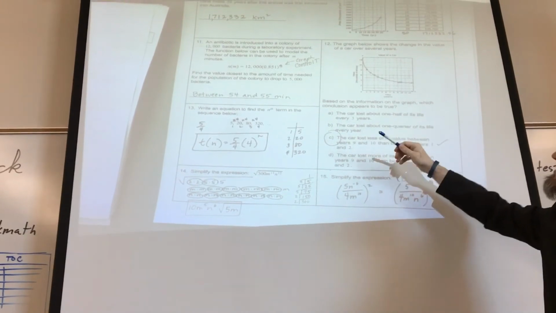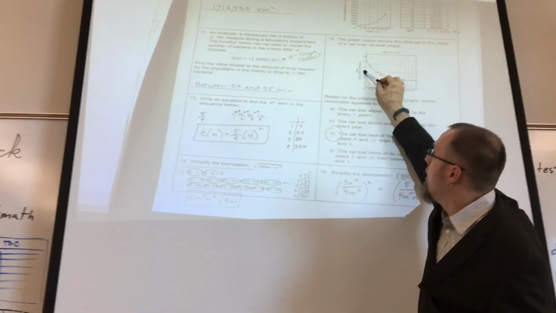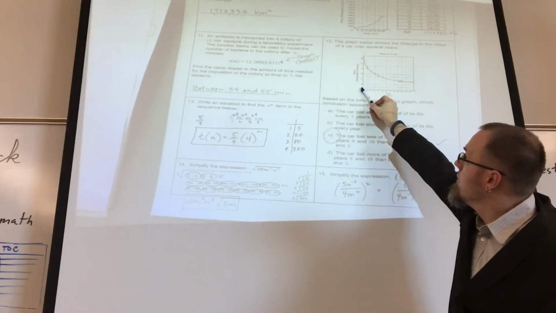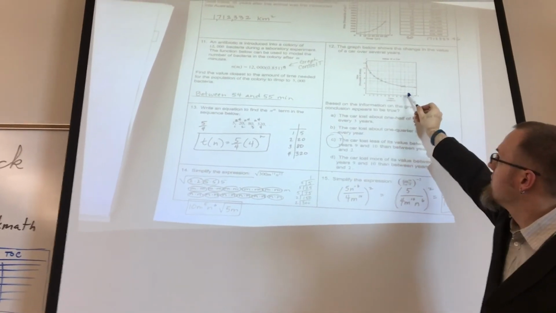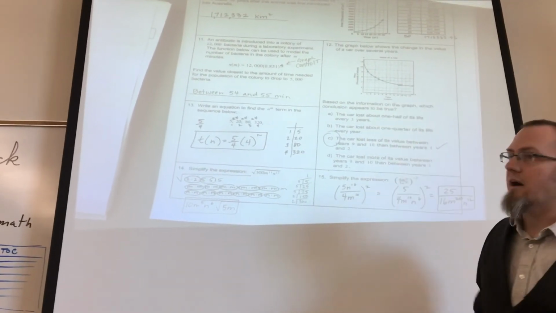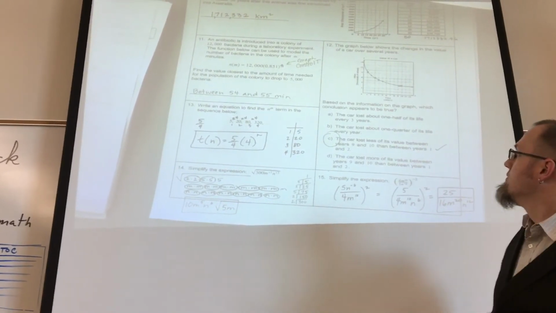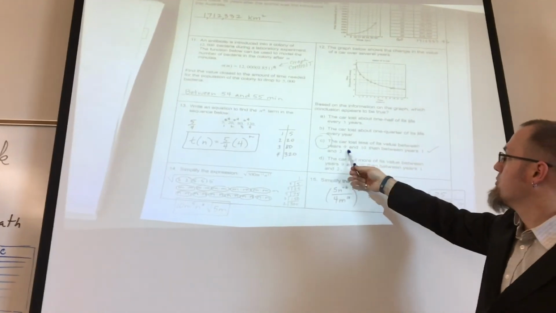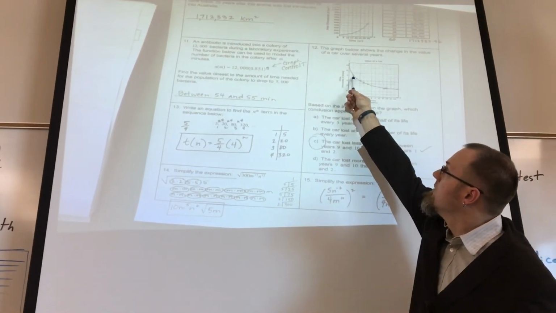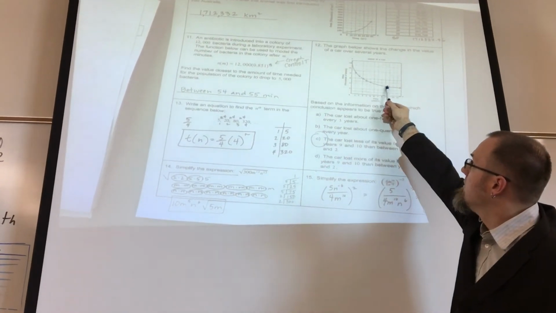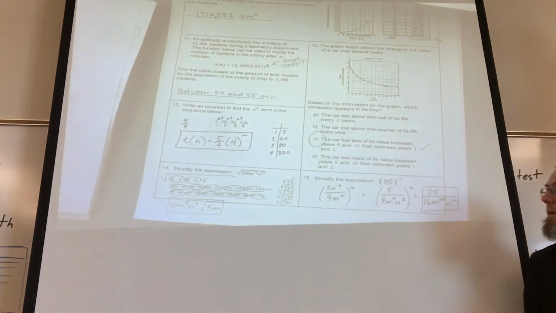Over time. And it's definitely, it loses a lot up here. From 0 to 1 year, that's a big jump. From 9 to 10 years, it's like $500 maybe. So it lost less value between 9 and 10 than between 1 and 2. Here's 1 and 2. That's a decent jump. Here's 9 and 10. It's almost nothing.